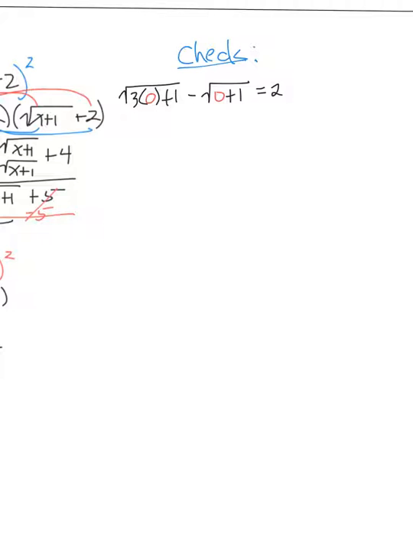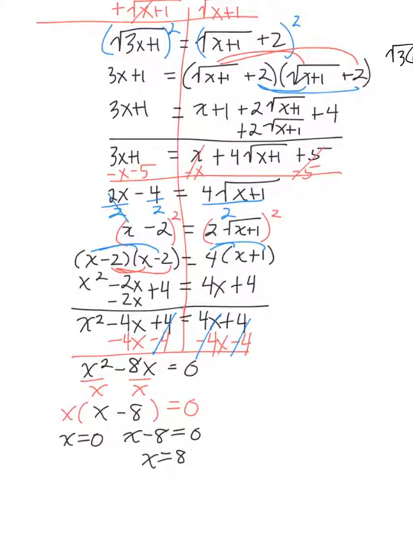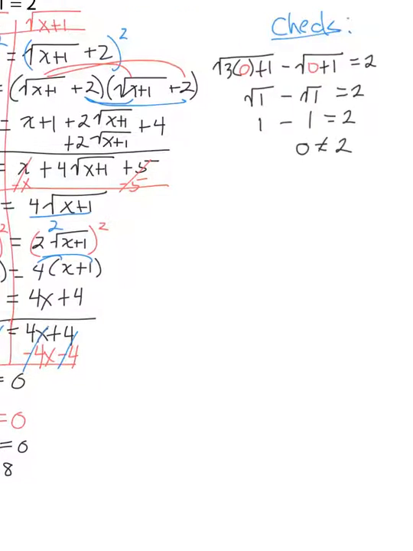So 3 times 0 is 0, plus 1 is the square root of 1, minus 0 plus 1 is the square root of 1 equals 2. Well, the square root of 1 is 1, minus the square root of 1 is 1 equals 2. You got 0 not equaling 2. So we're going to go over here and we are going to kick out our x equals 0. That one's extraneous.